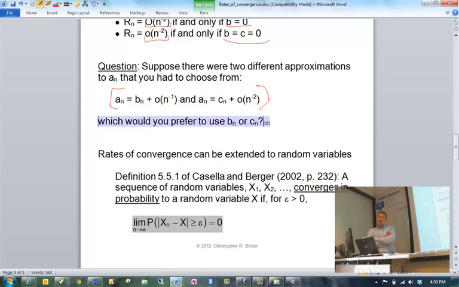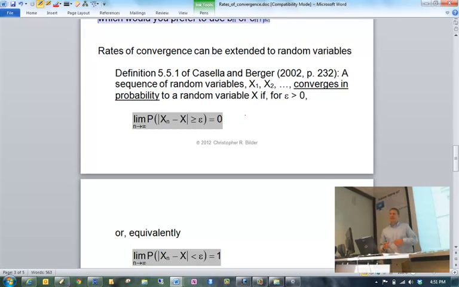And you want to either use b sub n or c sub n to approximate a sub n. Which would you prefer? c sub n. Because this part here is going to 0 fast. Going to 0 fast is important in statistics when we start talking about approximating the distribution of a particular statistic.